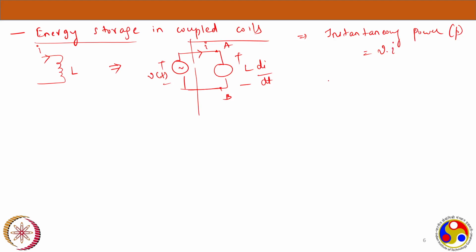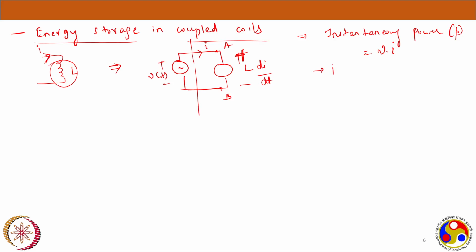Simple. Now if you see from the inductor side, the current is going inside. It means the current is being absorbed by the inductor. The current is entering the positive polarity, so the power is being absorbed by the L.